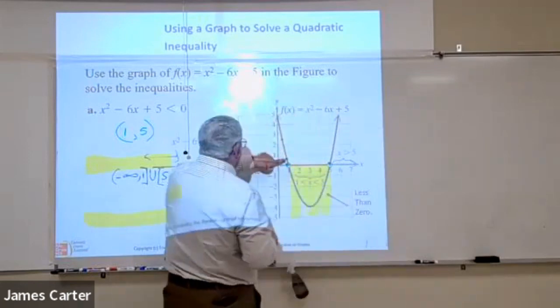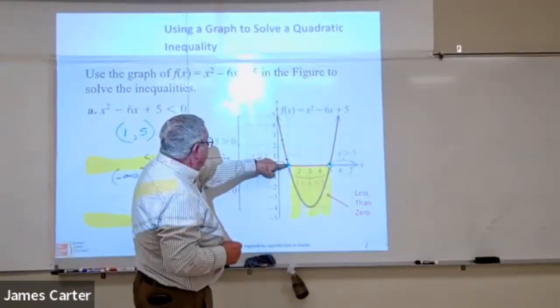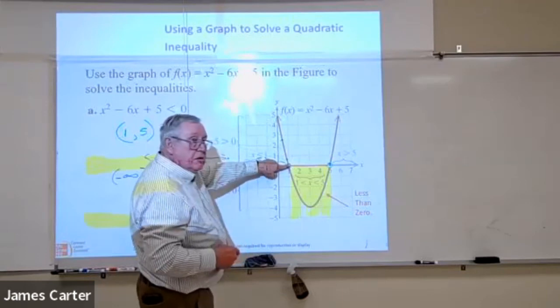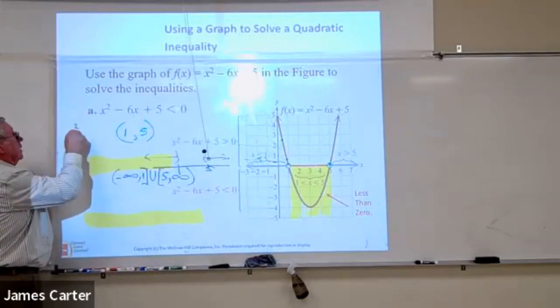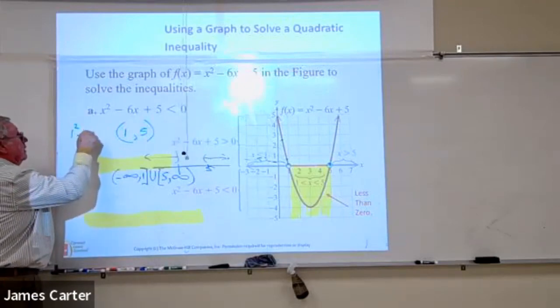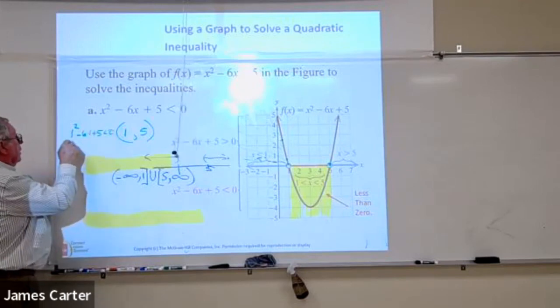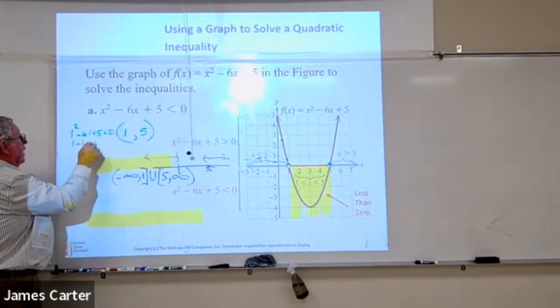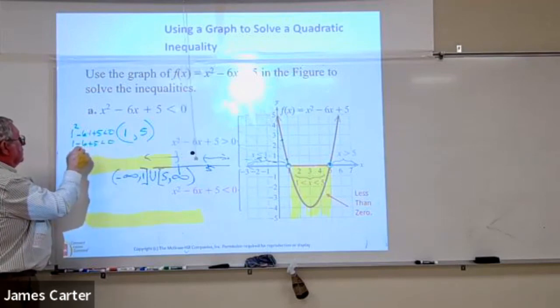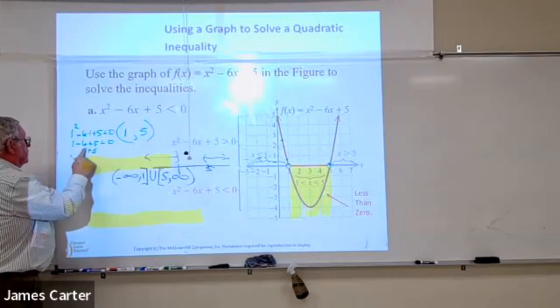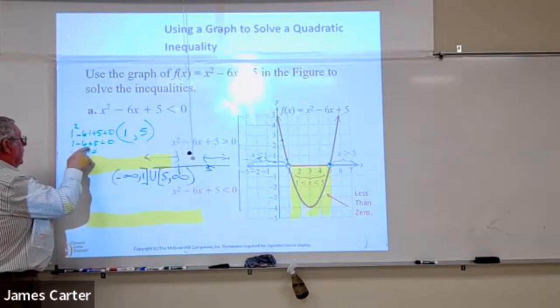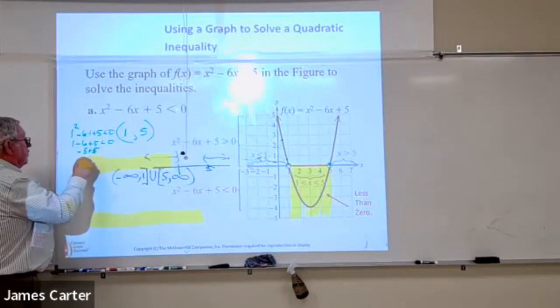For example, right here, if we have X equals 1, and we put a 1 in for every X value here, 1 squared minus 6 times 1 plus 5 less than 0. 1 minus 6 plus 5 less than 0. 1 minus 6 is negative 5, plus 5 equals 0.